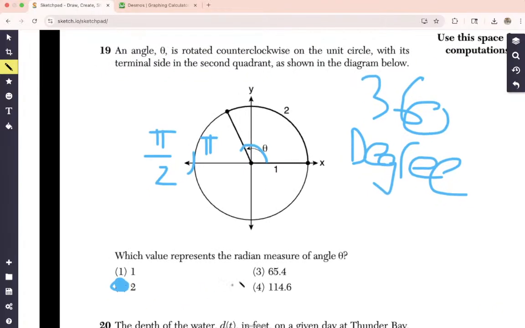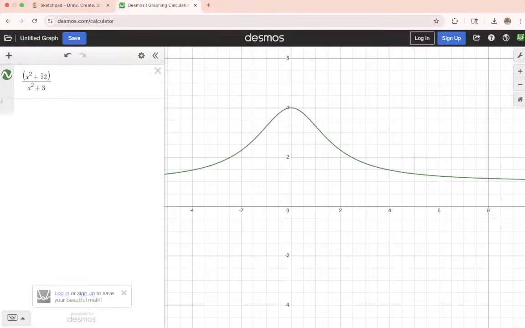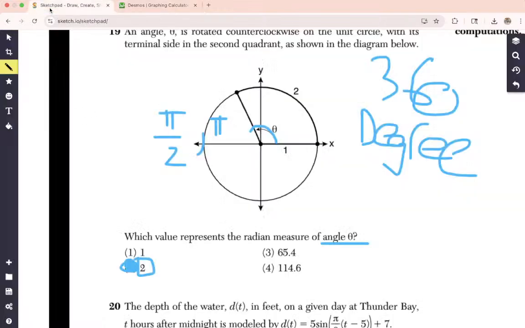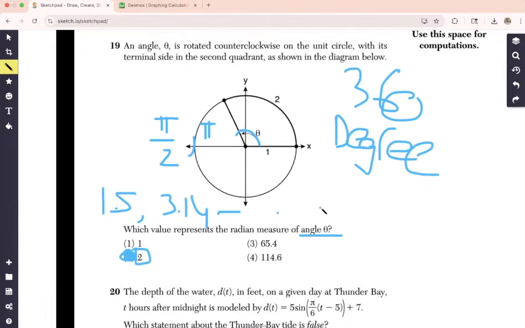Angle theta, the number 2, is in between pi over 2, which is equal to 1.5, and pi, which is 3.141 and so on. So that is going to be the angle measure of angle theta.